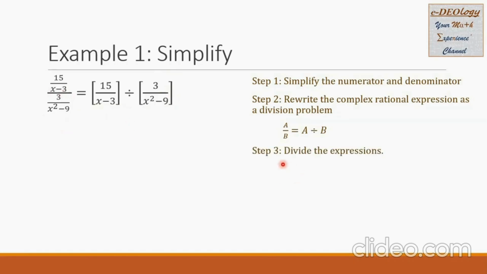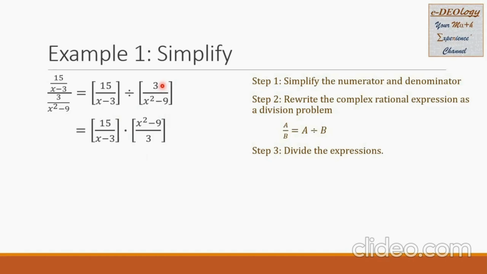And step 3, we will divide the expressions. We know that in division, we are going to first copy the first rational expression, and then for the second rational expression, we are going to take the reciprocal.